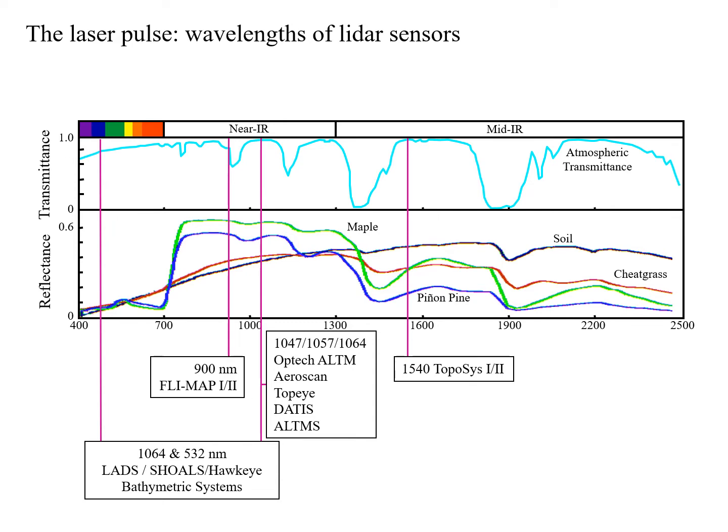There's very little background noise in the mid-IR, and it's eye safe, so that's a good choice. Most LiDAR lasers, however, are in the range between 1047 and 1064 nanometers. And this includes Optech, the Aeroscan systems, Topi, Datus, Altimus, and I should mention Leica, the Leica ALS, Airborne Laser Scanner.